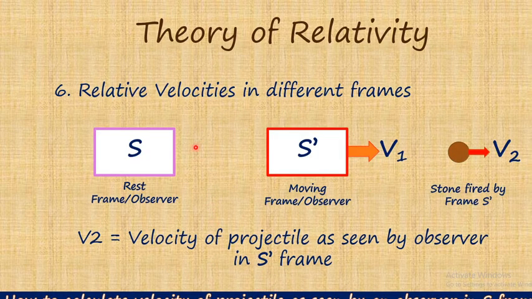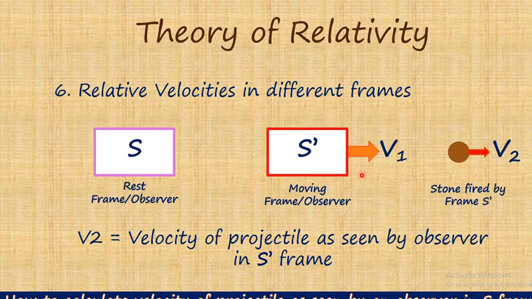Next we have relative velocities in different frames. Let's see the different frames. S is the rest frame, S dash is the moving frame, and here you have the stone fired by the frame S dash.